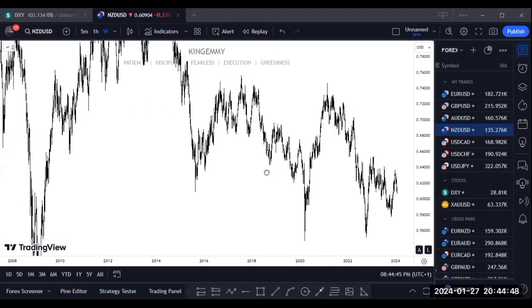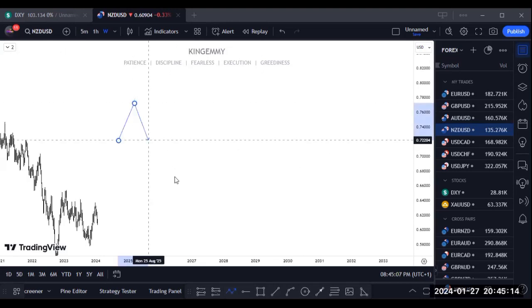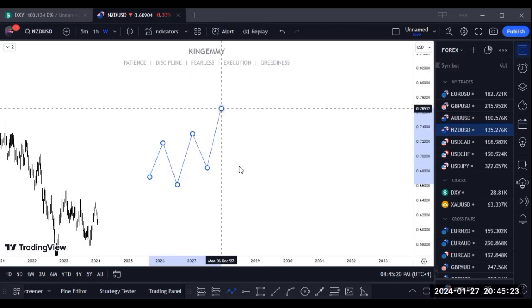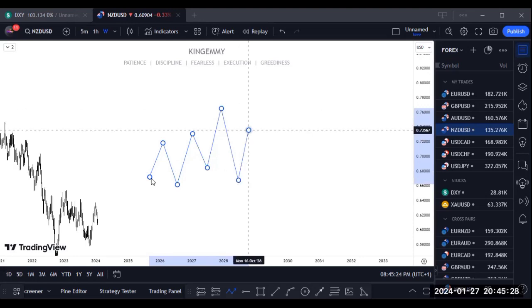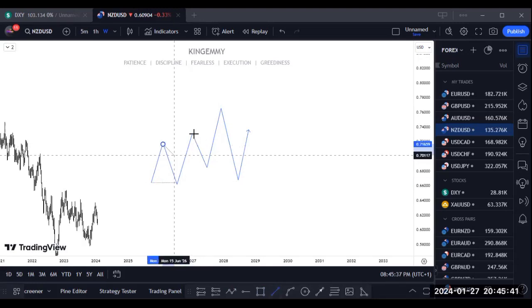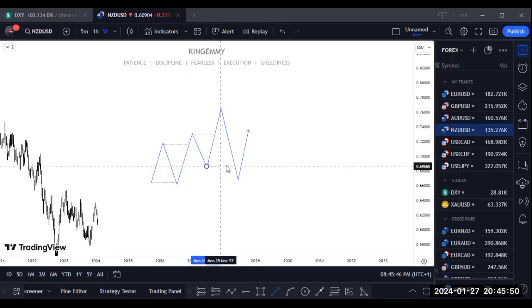Of course, from an internal perspective, you could tell that price flips this low, breaks the first high, right? Want to see a break of the second high.